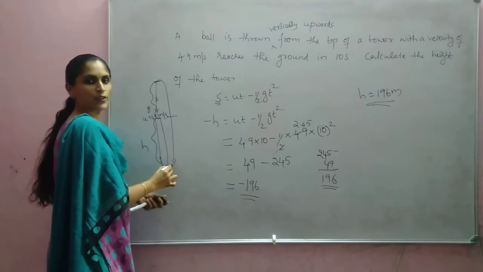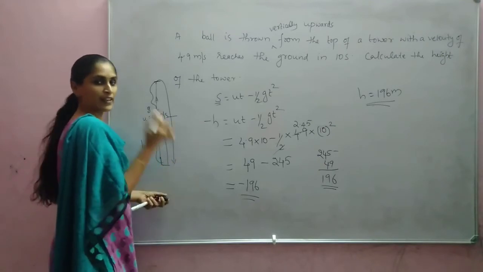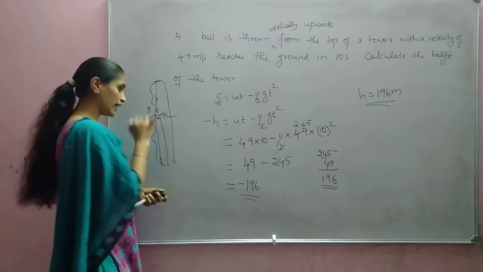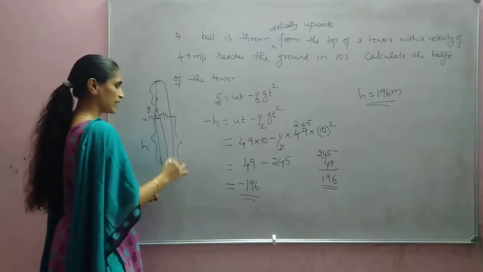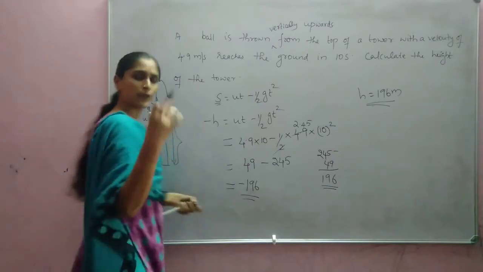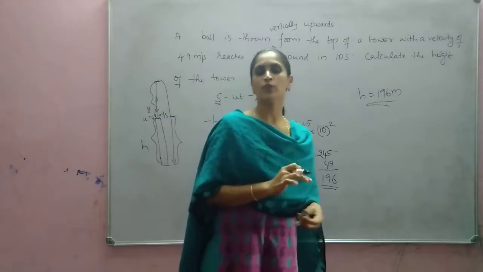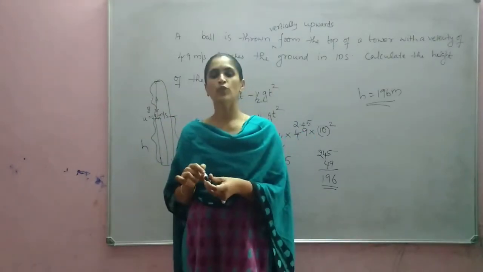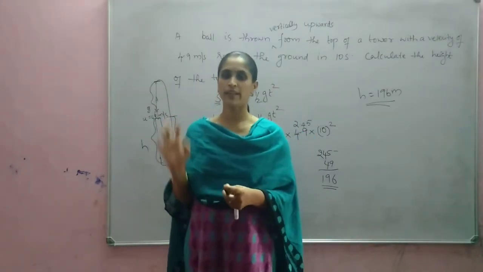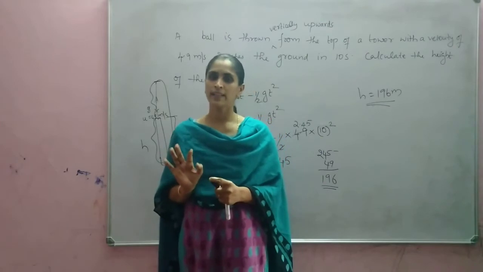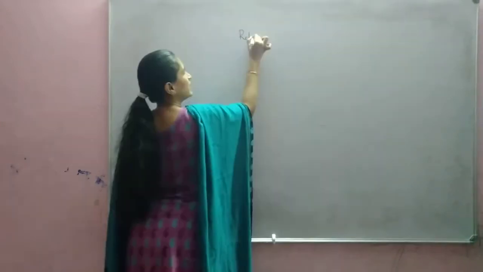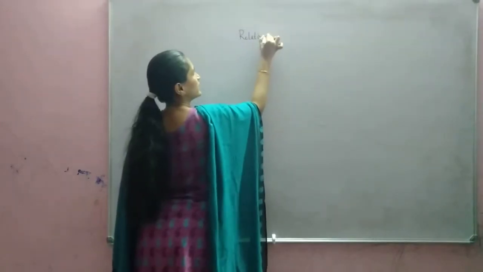The final velocity you cannot take as 0. Again you have to find the time taken for only this part separately, then use this equation. Then there is no need of applying minus h and those, you will get it. Okay, is it clear? Understood? Okay. Relative velocity.